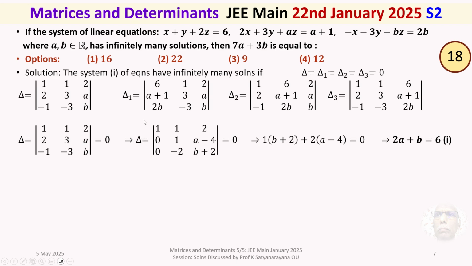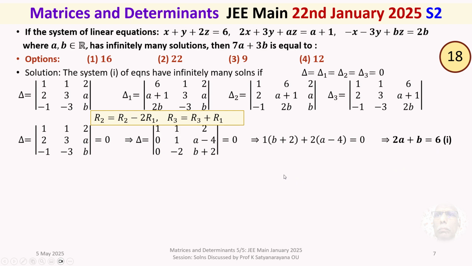To make that, we have made elementary row operations. To make this 0, R2 minus 2R1 I have done, and to make this 0, R3 plus R1 we did. So we got this matrix, and this is equal to 0, and expanding by means of the first column, that will be 1 into b plus 2 into a minus 4 is equal to 0, and simplifying we get 2a plus b is equal to 6.